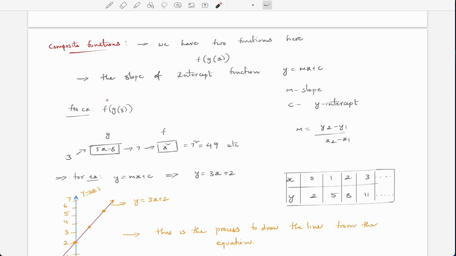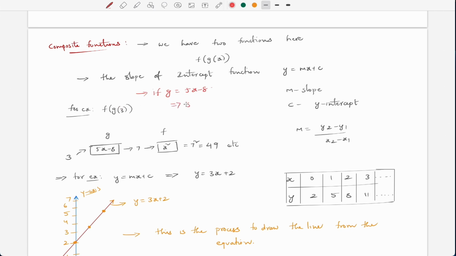So we have a composite function here. If g is equal to 5x minus 8, I'm going to plug in the value 3 here.